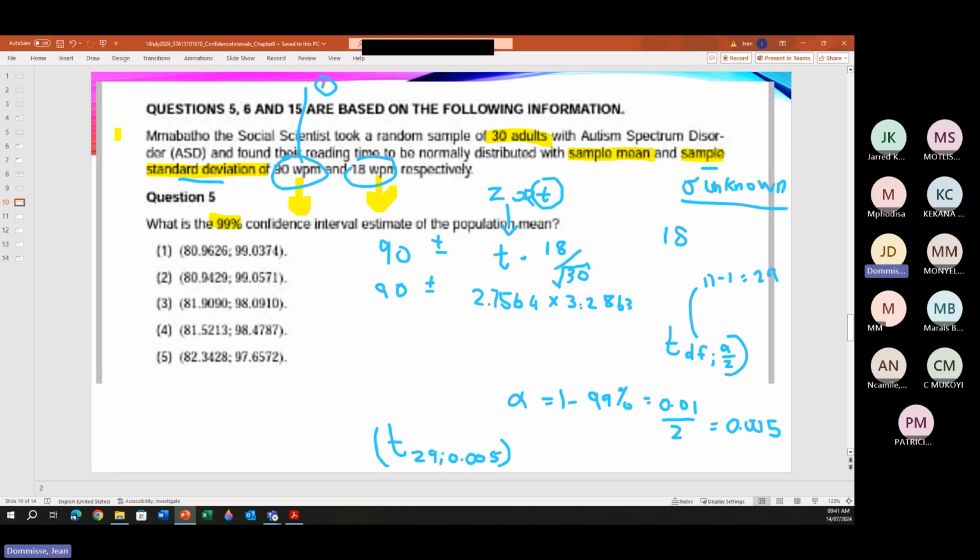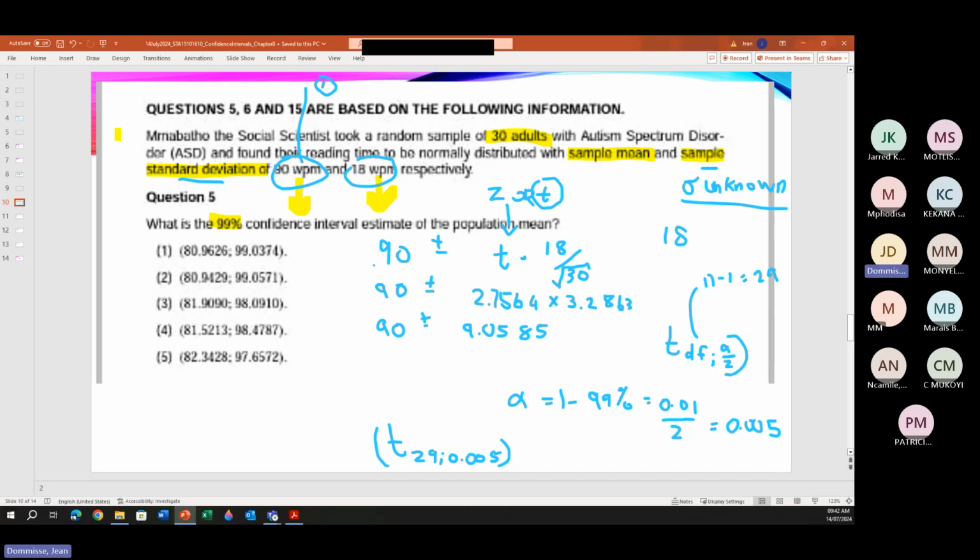So 3,2863 times 2.7564 gives us a plus minus 9,0585.